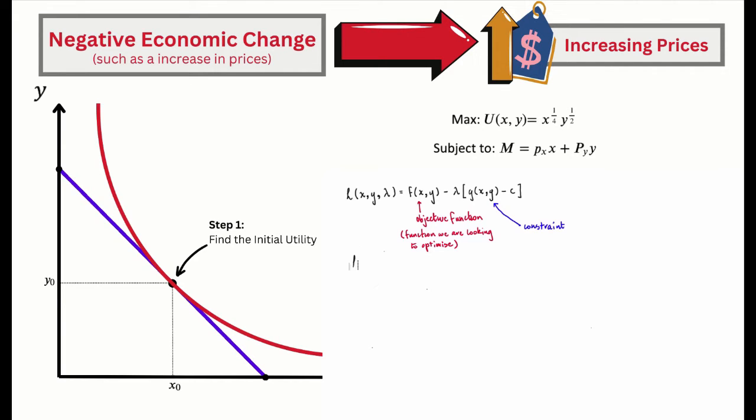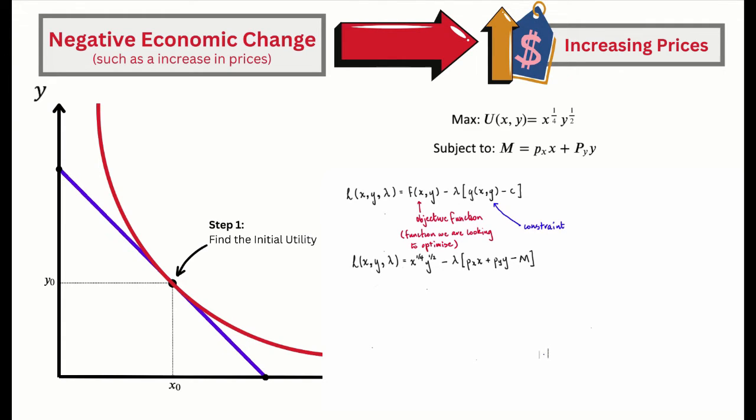We have the Lagrangian in terms of good x, good y, and the Lagrangian multiplier. We have our objective function, x to the power of 1/4, y to the power of 1/2, minus the Lagrangian multiplier multiplied by the constraint function, which in this case is our income constraint, which is divvied out and spent on both good x and good y, minus the income.